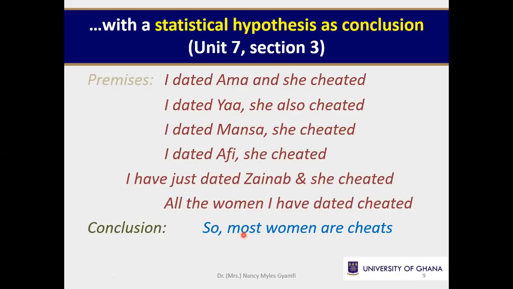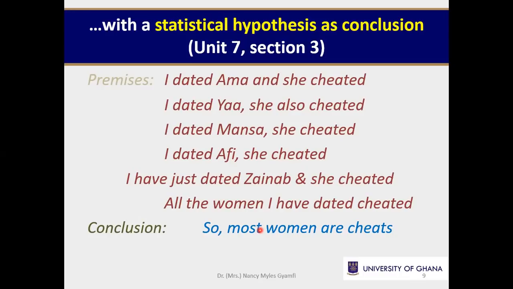I'll get to it. It is because of the content one carries. This one, the statistical hypothesis, is talking about most women, not all women. So most has some content. The reference class is big, but not compared to all. All is talking about plenty. All gives you more information. It's called empirical content.